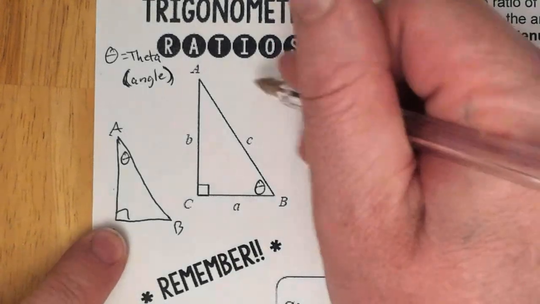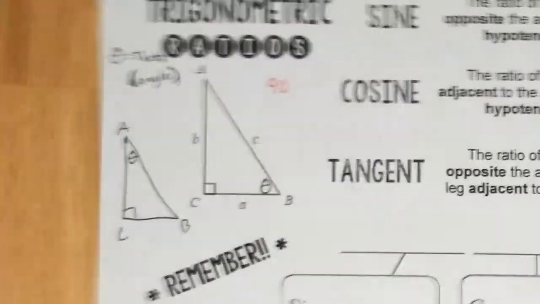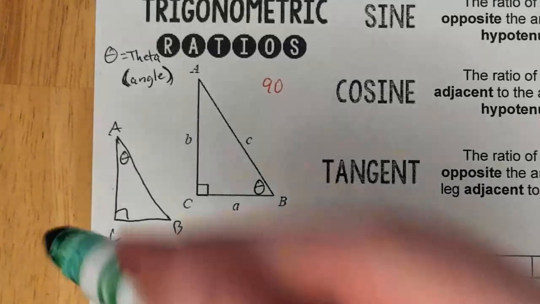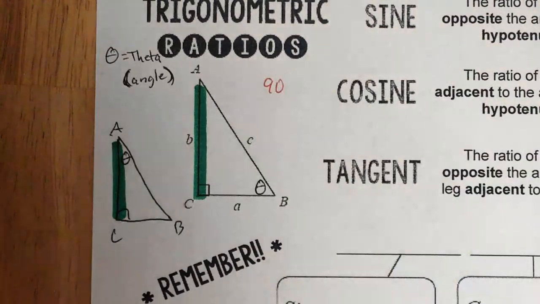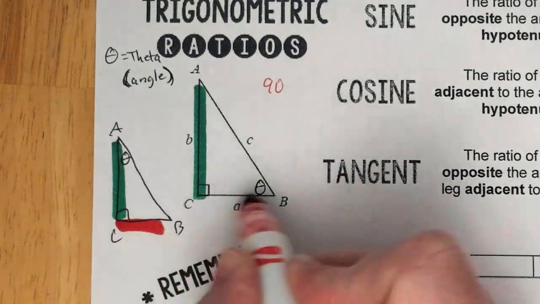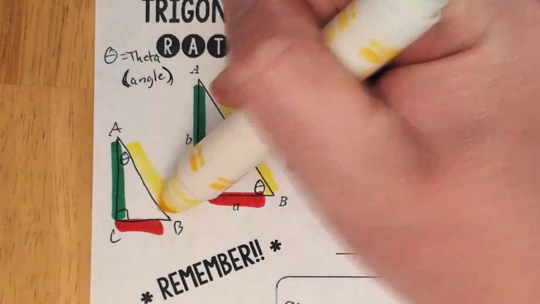All right, so put your finger on the 90 degrees. And now we are touching a certain side. So we have a green side. We have a red side. And I should definitely make a different color, so I'm going to get yellow. And we have a yellow side.